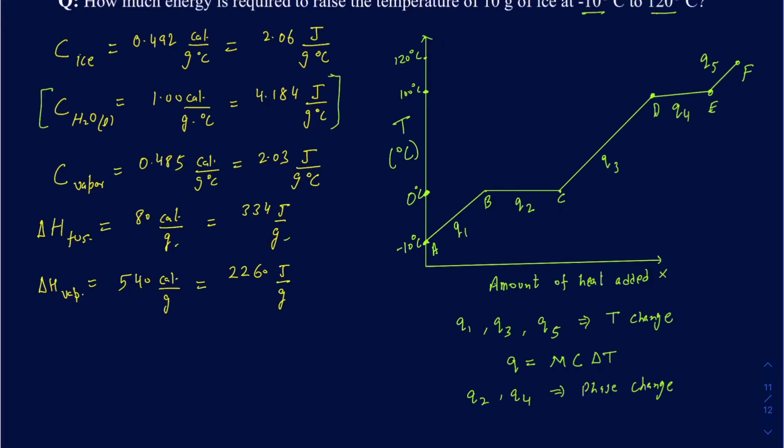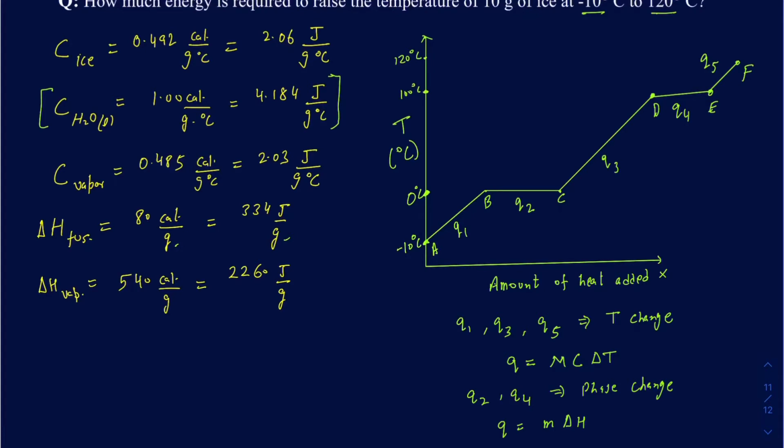Instead, you're going to use Q equals mass times delta H. For example, to calculate Q2, you would use delta H of fusion. And to calculate Q4, you use delta H of vaporization, because you're changing from the liquid to the gas there.